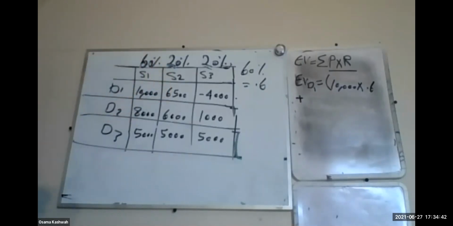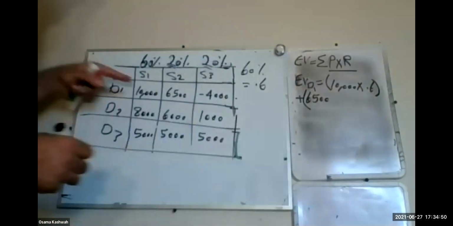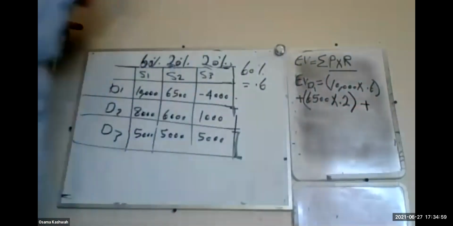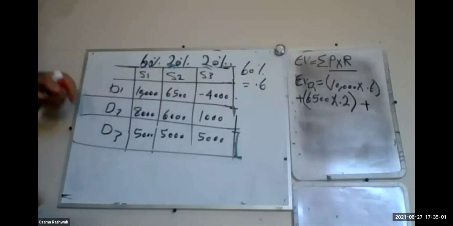6,500 times 0.2, and I will close the bracket. Plus minus 4,000 times 0.2.